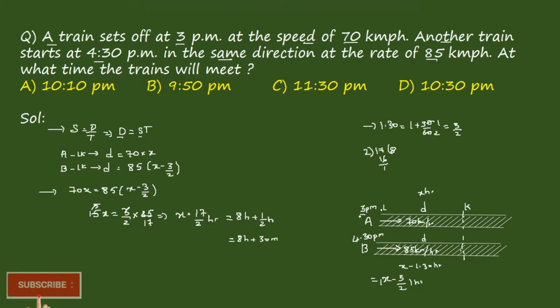It is starting at 3 p.m. So 3 p.m. plus 8 hours plus 30 minutes is equal to 11.30 p.m. Right? At this point, both the trains A and B would be meeting. So the answer is option C.